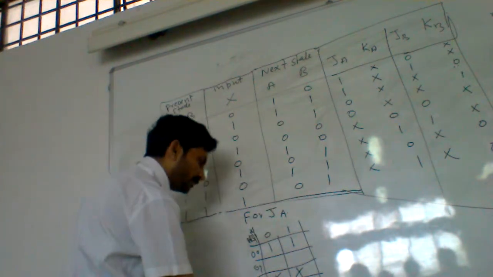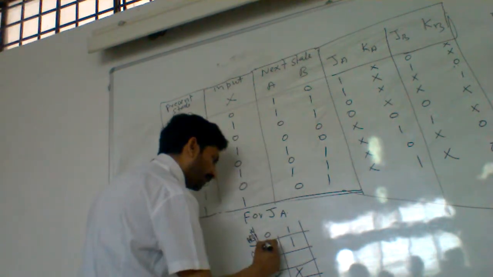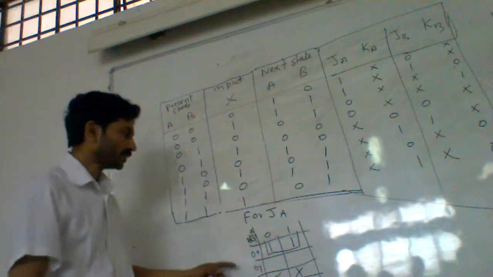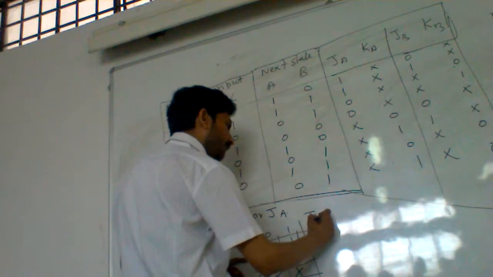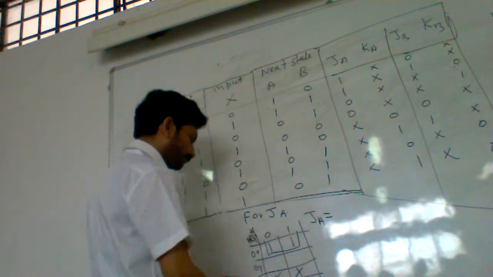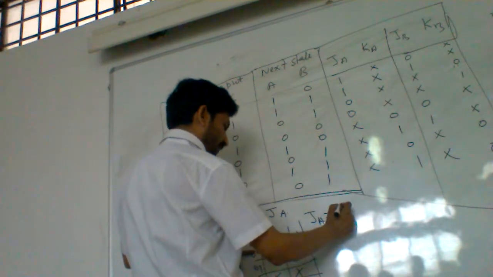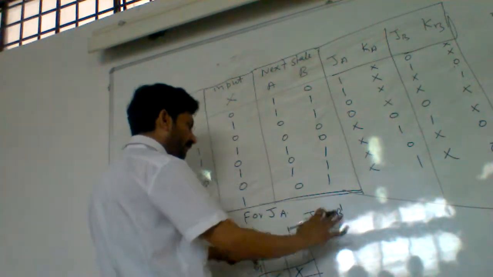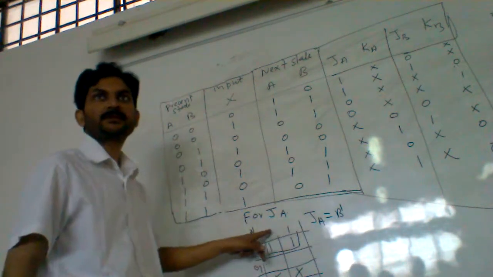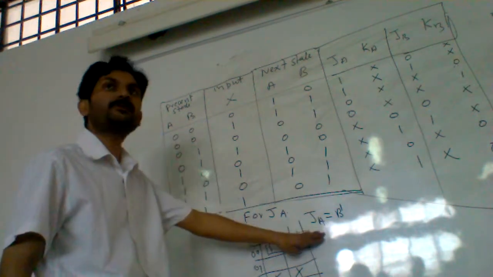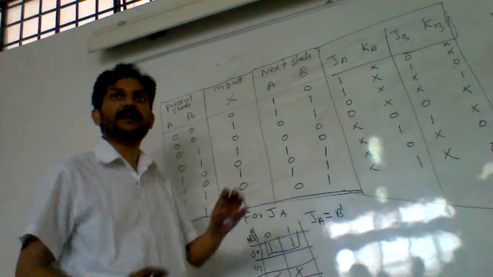So these two don't cares and the 1s form a group of 4. So JA is equal to B; X changes, so it is not included. So you got JA equal to B.